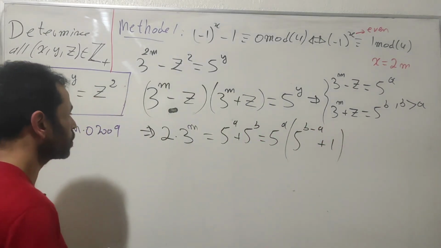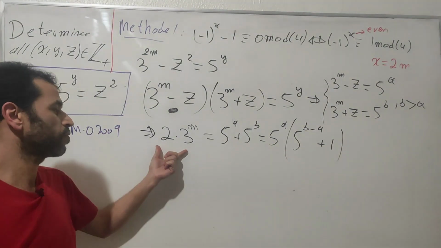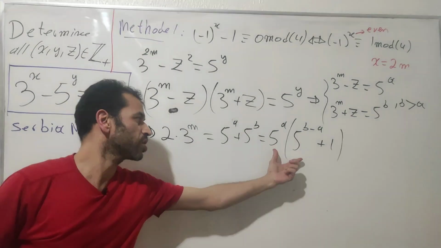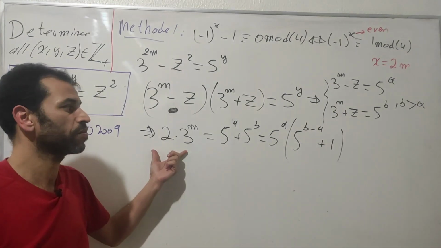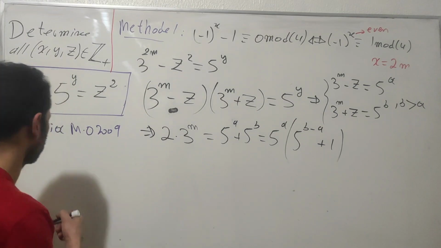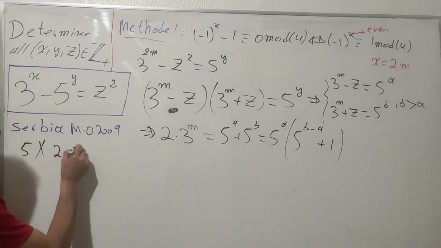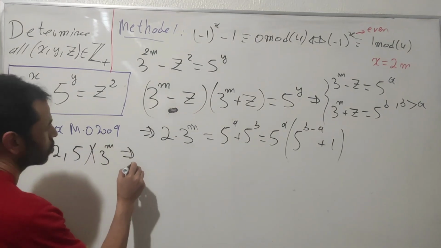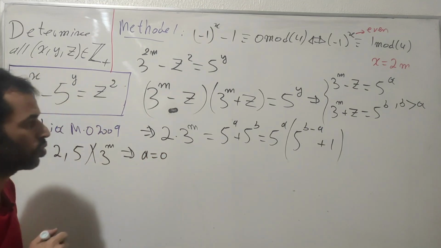But notice here that if a is positive, 5 divides the right hand side of this equation, which means 5 must divide the left hand side of this equation, which is impossible because 5 cannot divide 2 and 5 also cannot divide 3 to the m. So a must be 0.